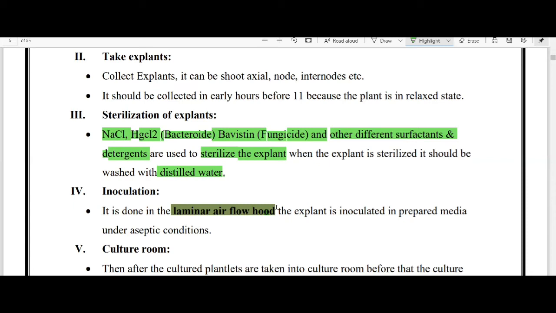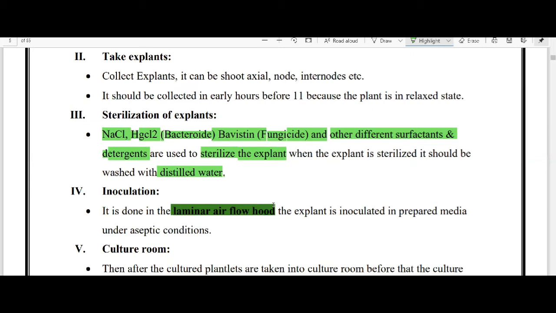So we have to inoculate our inoculum or the explant in that place, and thus contamination would be low, because all the fungi or bacterial spores will not enter into that laminar airflow hood.